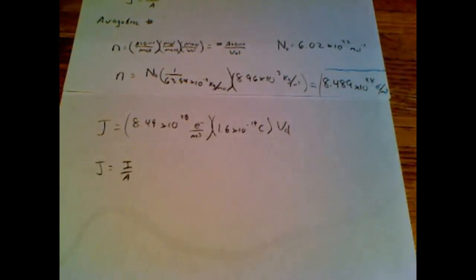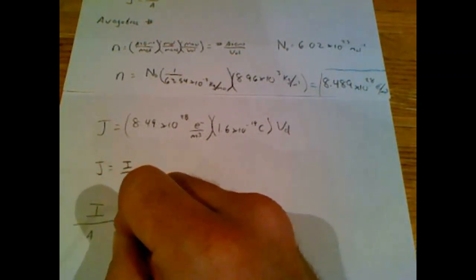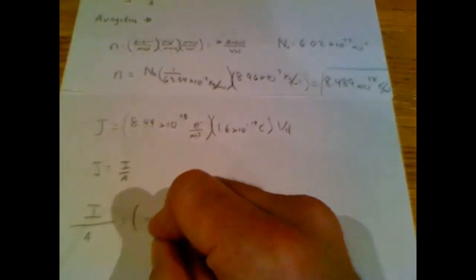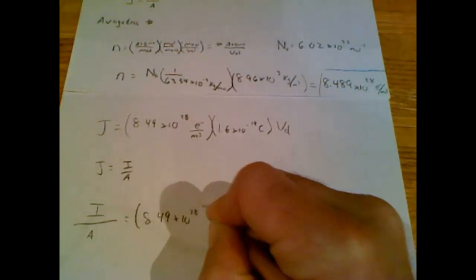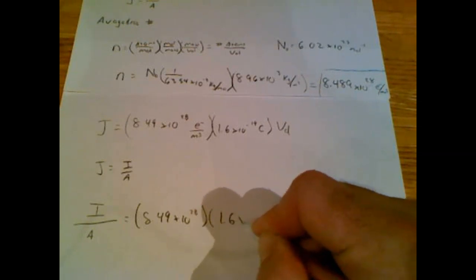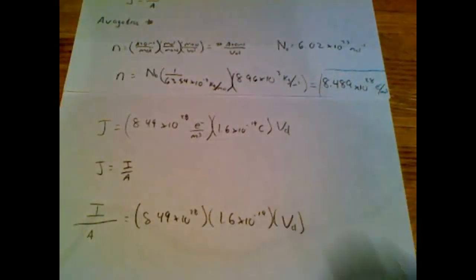All right, well, why is this going to be helpful? Well, I know what A is. I'm going to set these guys equal to each other. I have I over A equals 8.49 times 10 to the 28th times 1.6 times 10 to the -19th times my drift velocity, which is eventually what I'm trying to figure out, right?